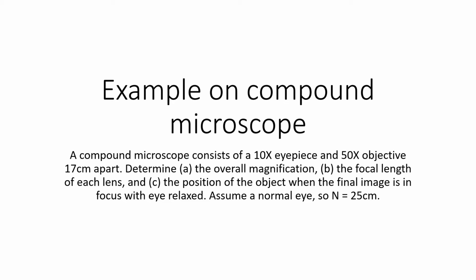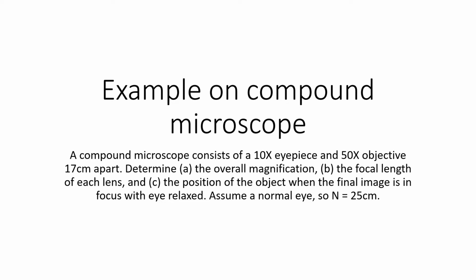The example says a compound microscope consists of a 10 times eyepiece and a 50 times objective, 17 centimeter apart. Part A asks to determine the overall magnification. Part B asks to determine the focal length of each lens.